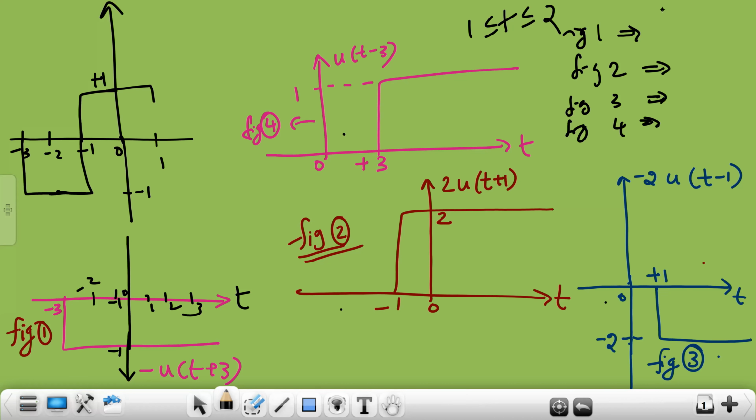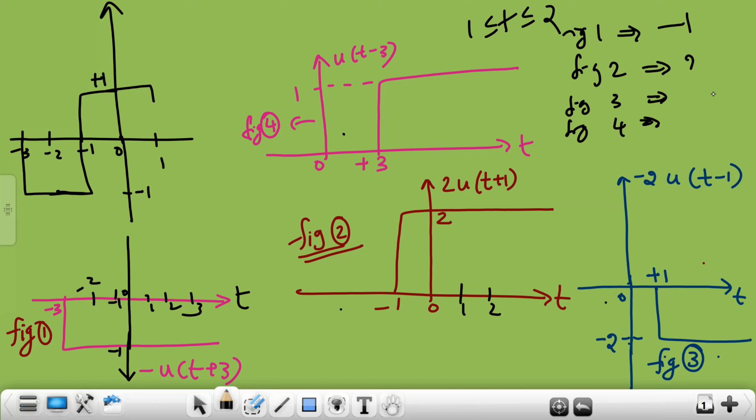From figure 1, during 1 to 2, what amplitude do you have? -1. From figure 2, what amplitude do you have during the time interval 1 to 2? 2. From figure 3, again during the same time interval from 1 to 2, you have -2.